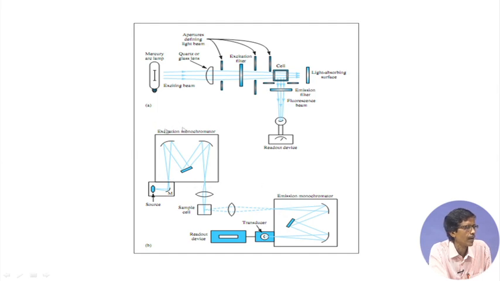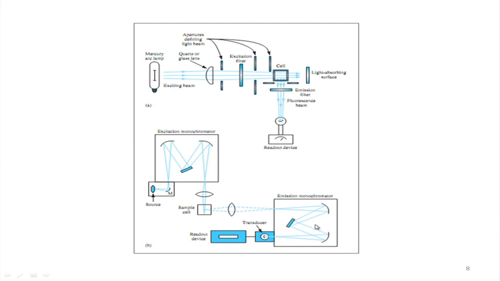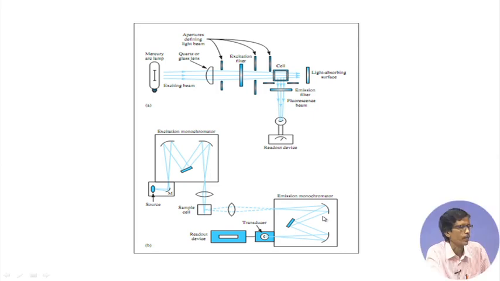So, this is the excitation monochromator. This is the basic difference between our absorption spectrometer or FTIR spectrometer, that we have two monochromators, one excitation monochromator and another emission monochromator.